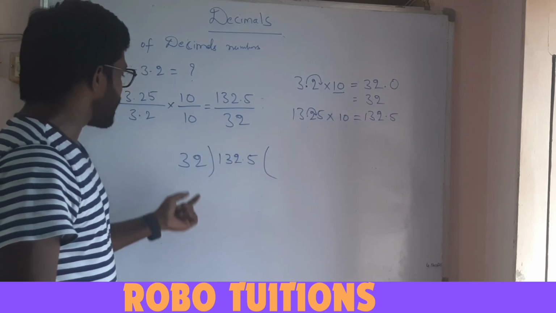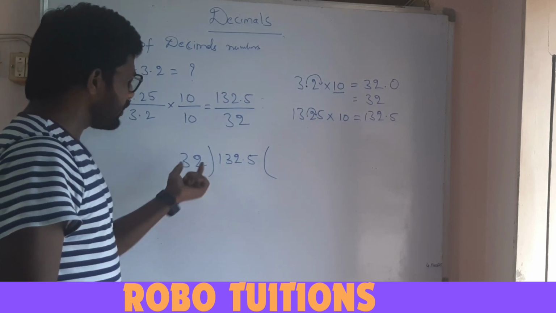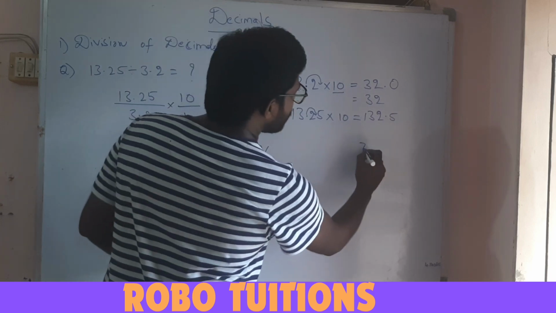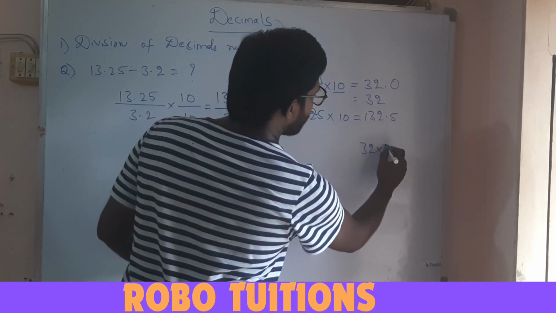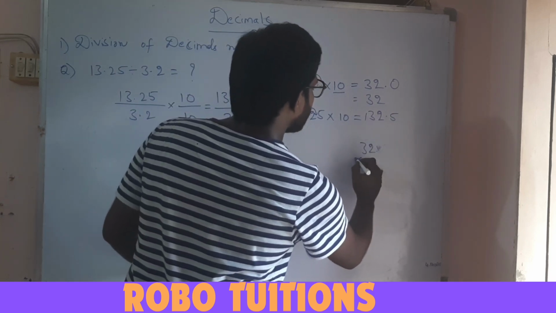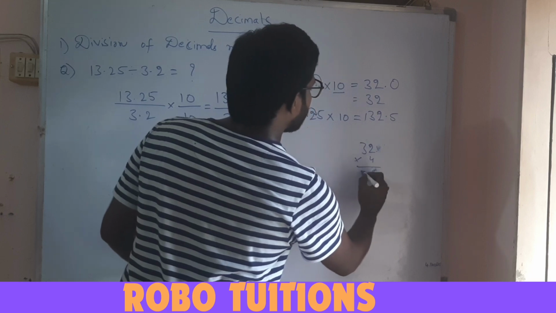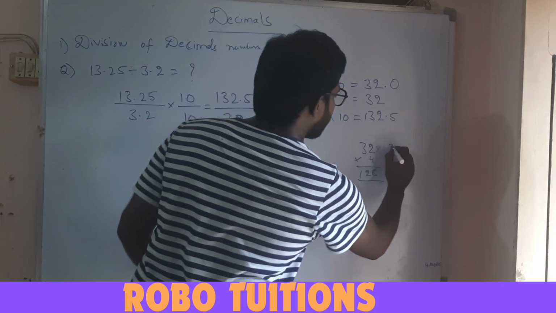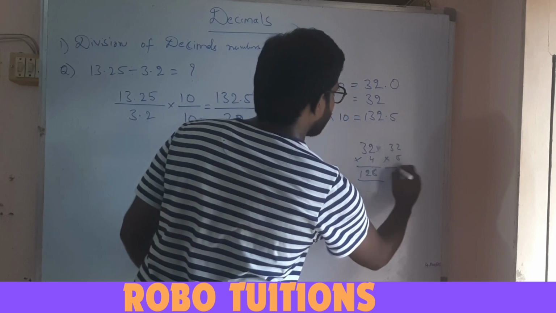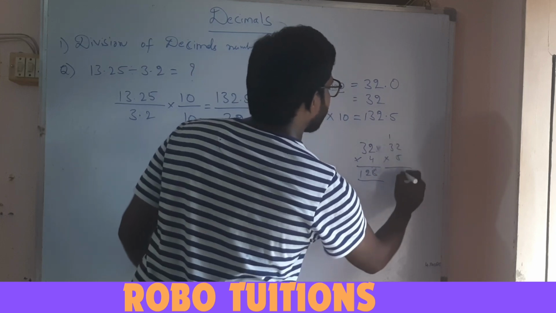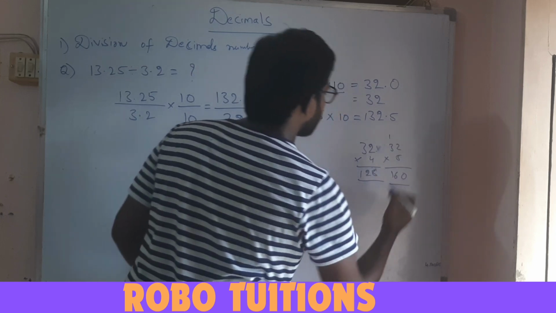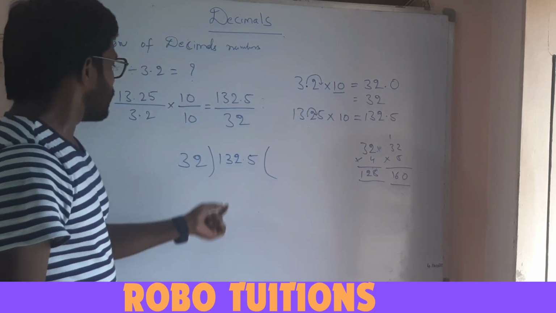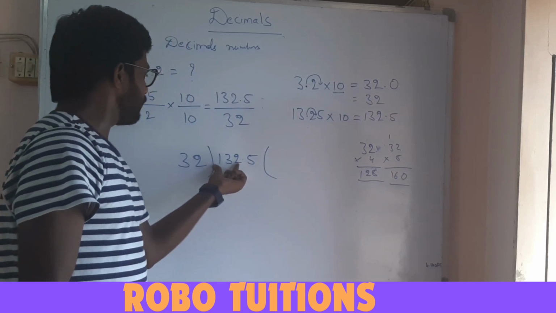So first take the 32 table. 32 into 4: 4 twos are 8, 4 threes are 12, so 128. 32 into 5: 5 twos are 10, 5 threes are 15, so 160.